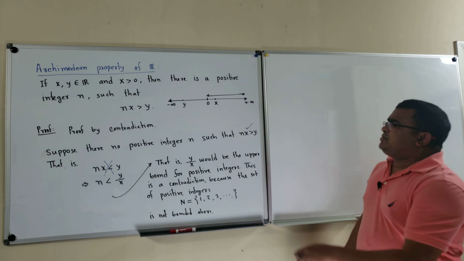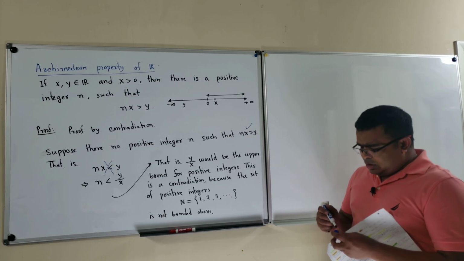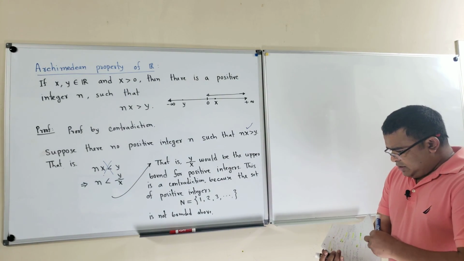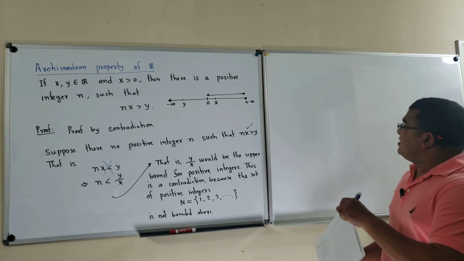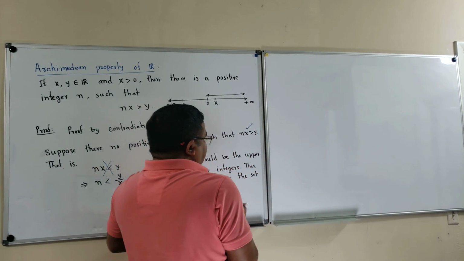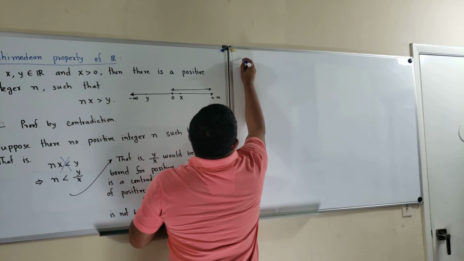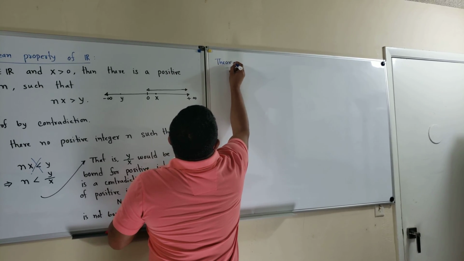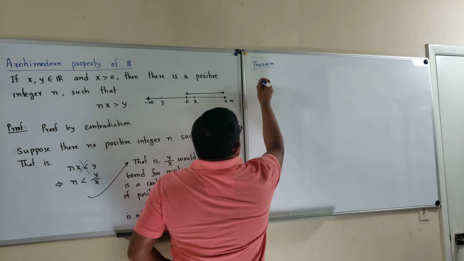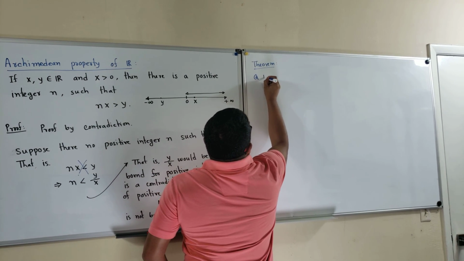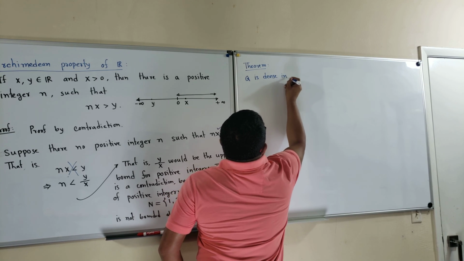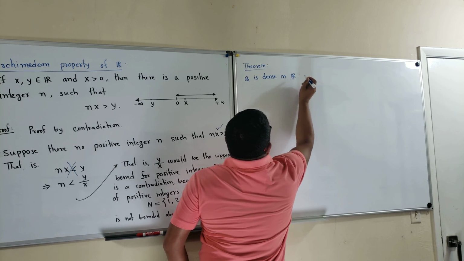Now using this property we will prove another theorem that's very important. So next theorem: the set of all rational numbers Q is dense in the set of all real numbers.